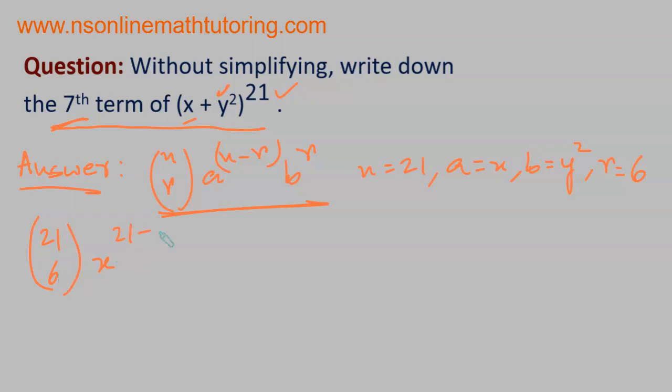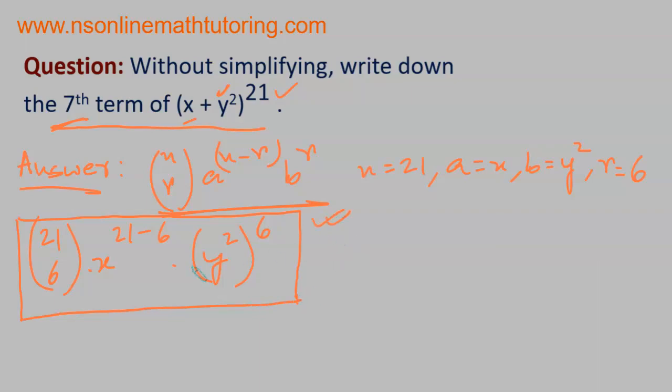Since we are not asked to simplify, I am writing 21 minus 6 instead of 15. And b is equal to y square. So y square raised to the power of r, which is 6. Okay. So this is our answer, the unsimplified answer for this question.